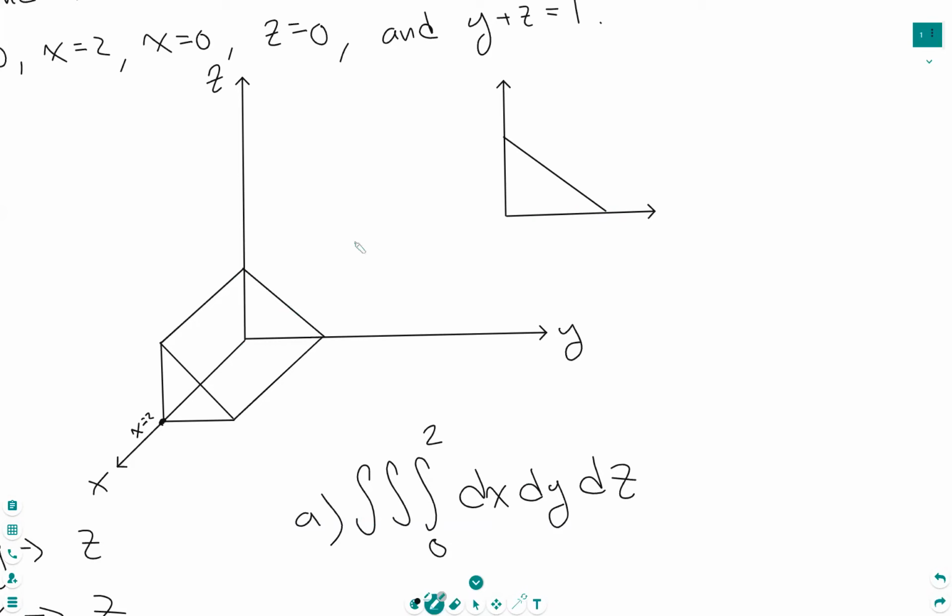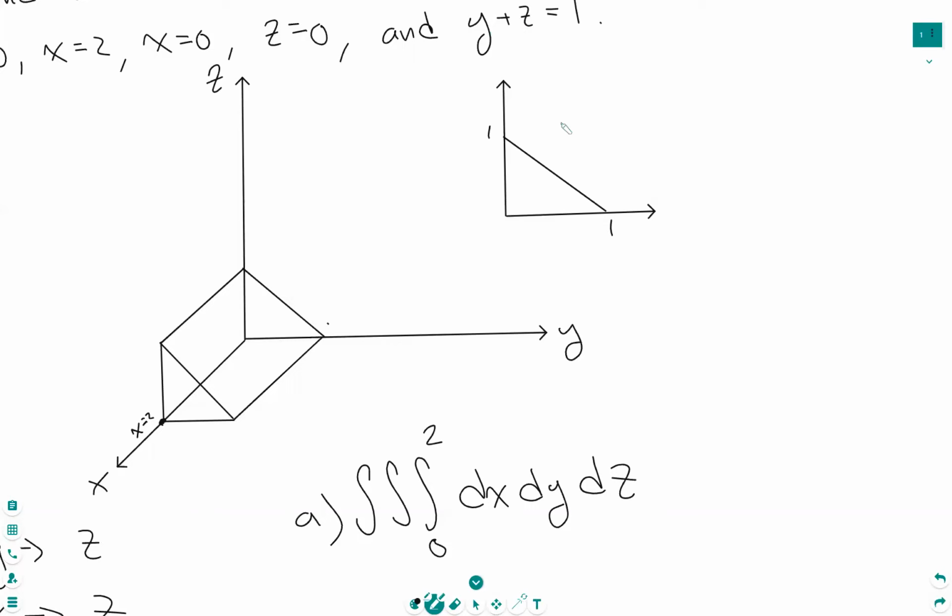And we can actually find out these points. It ends up being 1 and 1. We just look at this equation. So when y is equal to 0, z is equal to 1. And when z is equal to 0, y is equal to 1.